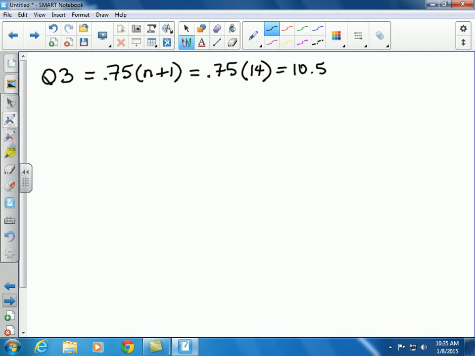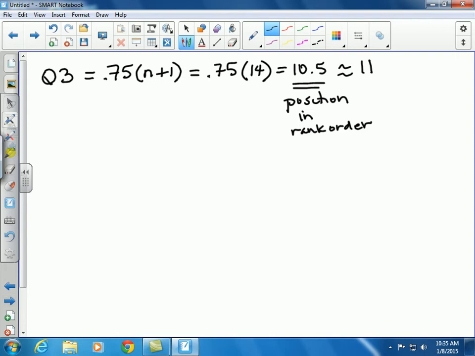Again, this is a position in the rank order. So we always round using the rules of rounding. Since it's 0.5, we round up and we get 11.